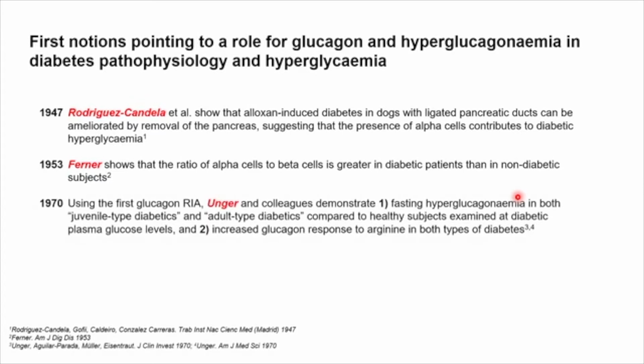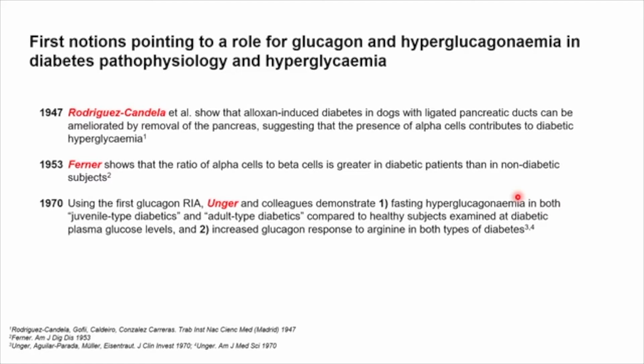And then, using the first glucagon RIA, Roger Unger and his colleagues demonstrated, first of all, fasting hyperglucagonemia in both juvenile diabetes and adult-onset diabetes, that is, type 1 and type 2 diabetes nowadays.